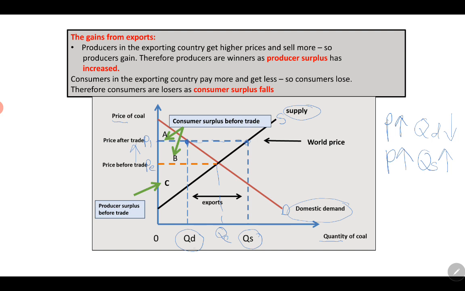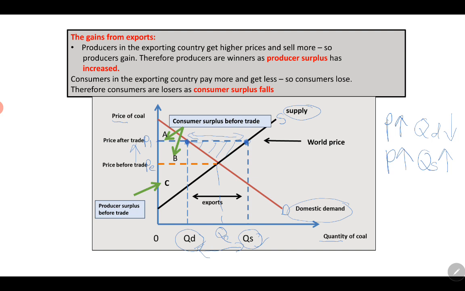This will be your quantity demanded and this will be your quantity supplied. The difference between domestic demand and what the supplier is supplying is a surplus here. This surplus is what we will export to the world market, the difference between QD and QS. So this is the area of export.